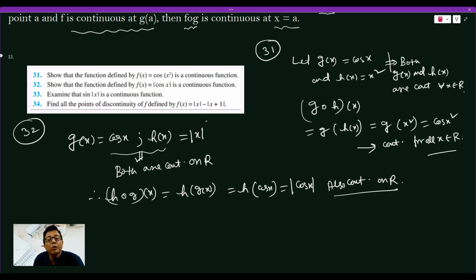Mod x minus mod x plus 1. There will be no point of discontinuity because it is a difference of two continuous functions.